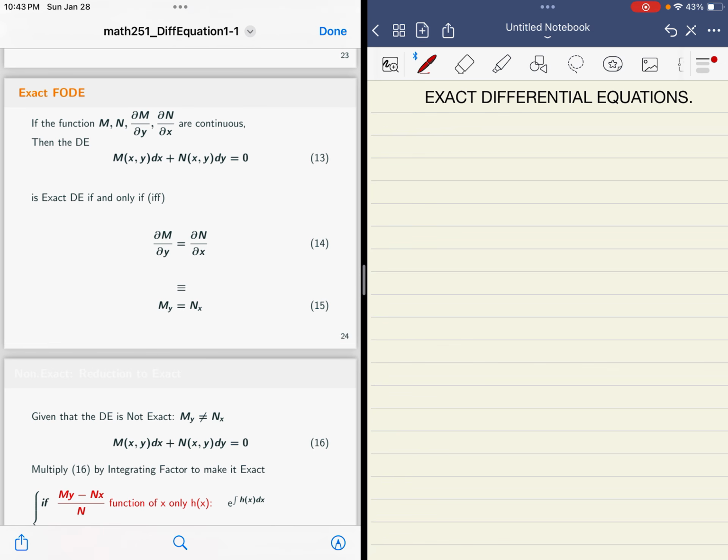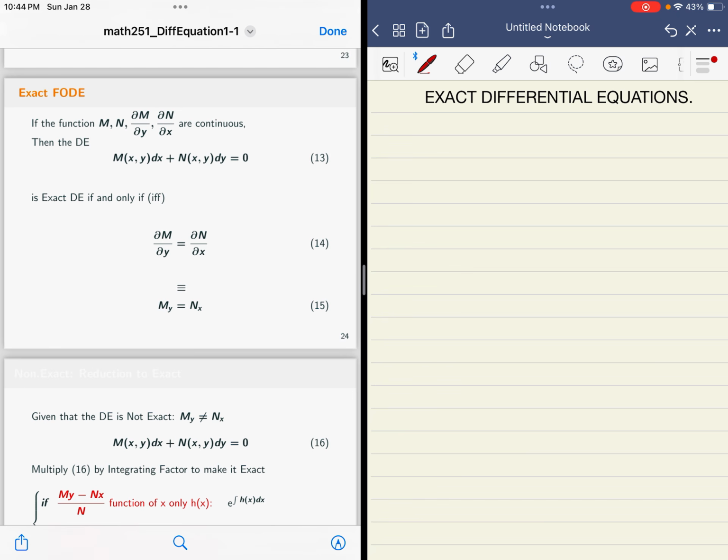And we have seen ways of solving first order differential equations. We have seen the separable method, the linear and nonlinear method. And this time we are going to be looking at the exact and non-exact method of solving first order differential equations.